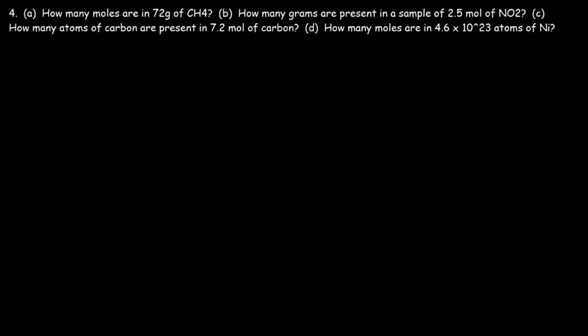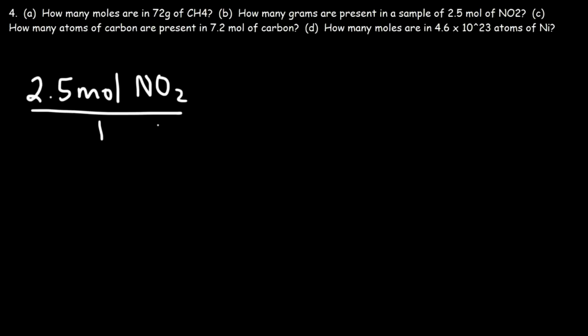Part B. How many grams are present in a sample of 2.5 moles of NO2? This time we're going backwards. We need to convert from moles to grams. So let's start with what we're given, 2.5 moles of NO2. Just like before, in the next fraction we need to put the conversion factor.